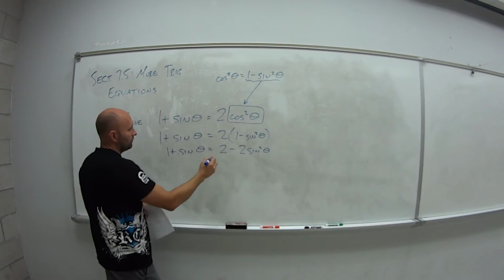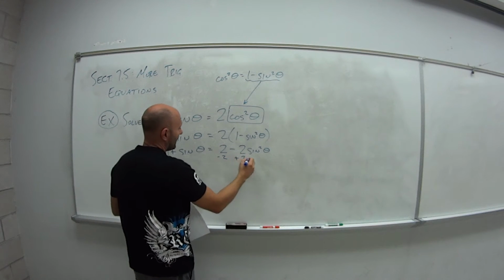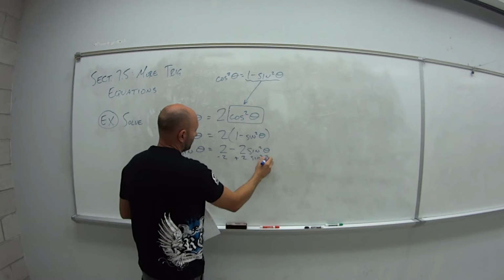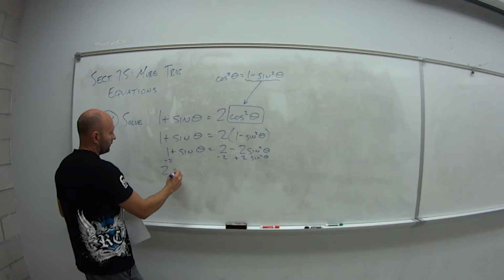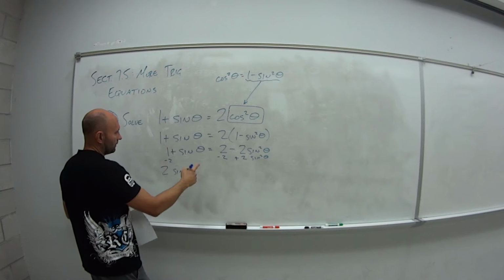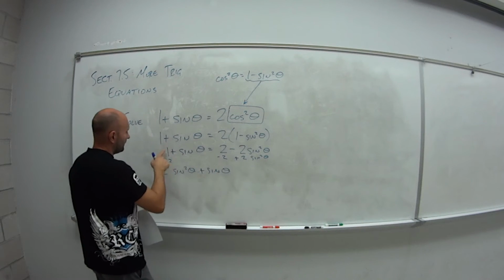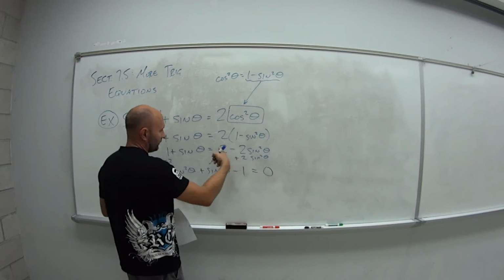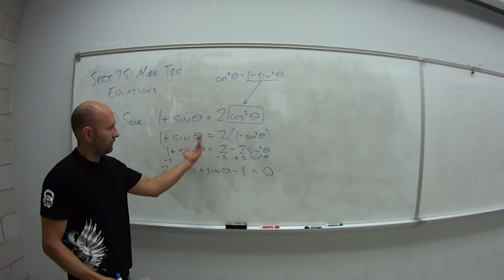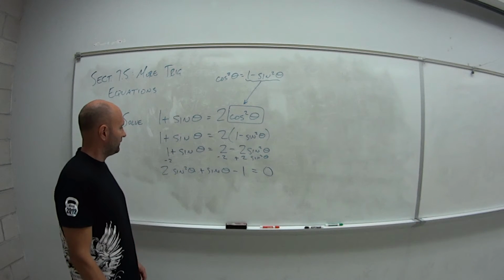Now if we want to move this over, I need to subtract 2 from both sides, and add 2 sine squared of theta to both sides. So I end up with 2 sine squared of theta plus sine of theta, and then 1 minus 2 is minus 1. And don't forget this all equals 0 because we moved everything from the right over to the left. So the only thing left on the right side is 0.